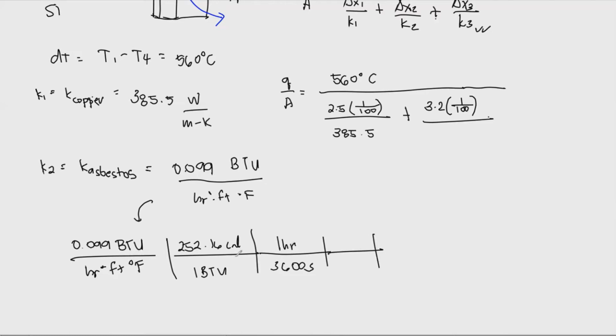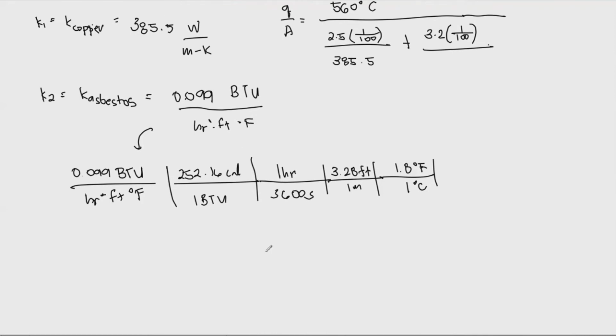And then feet, since we need meters, 3.28 feet is simply 1 meter. And degrees Fahrenheit, this is referring to a change, so that is 1.8. For every 1.8 degrees Fahrenheit change, there's 1 degree Celsius change.